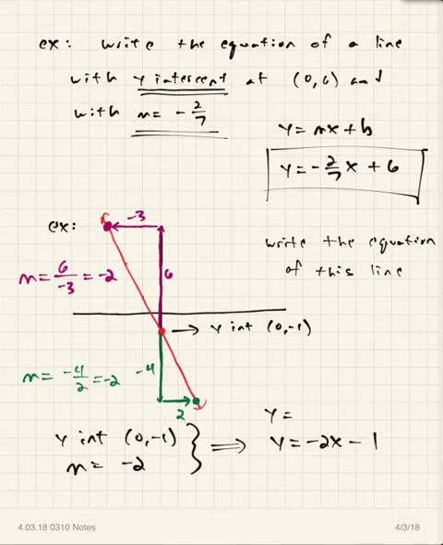It's y equals mx plus b. So m is negative 2, and b would be equal to negative 1. All right, so hopefully we're okay here. Nobody has a question about this. So I'm not hearing any problems so far, so that's good.